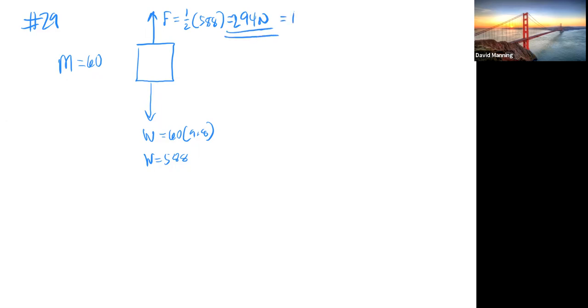So that's the force, 294 newtons. And it says it's 3 times that. So it's 3 times that: 882 newtons. That's the force exerted on one of the bones in her femur.